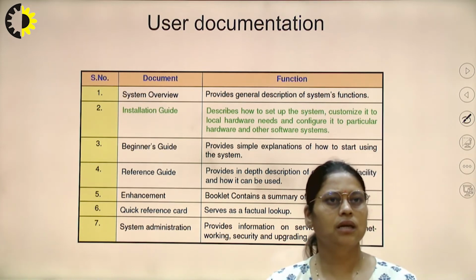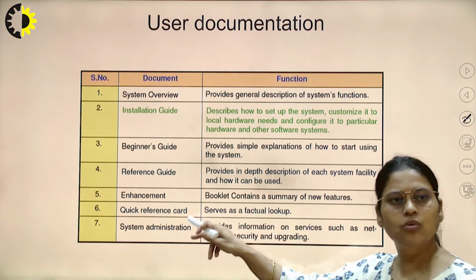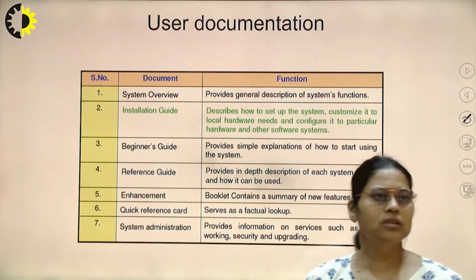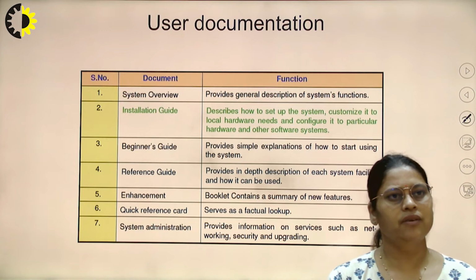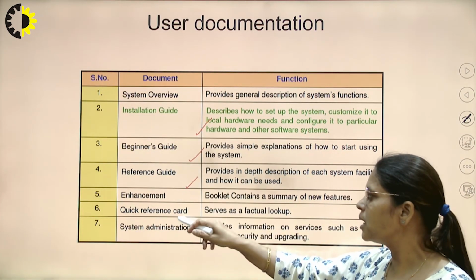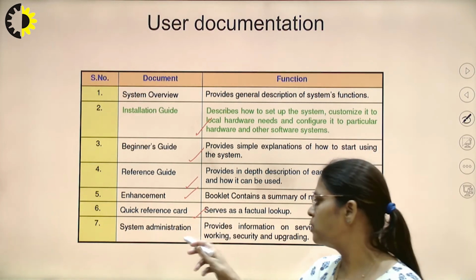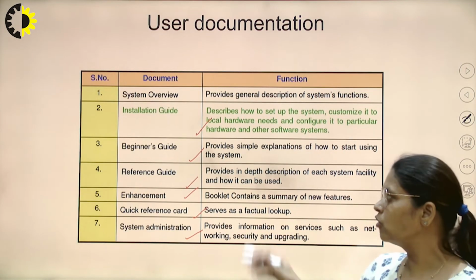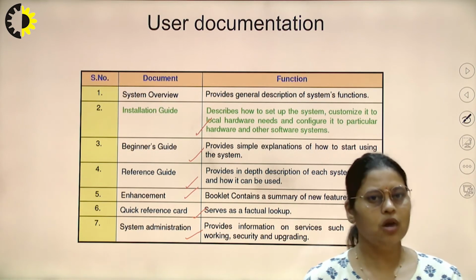We have to cover things like system overview, which provides a general description of the system, interface, installation guide, beginner's guide, reference guide, enhancement, quick reference, and system administration. These are the parts of the user guide or user documentation, which is provided to the user or customer.